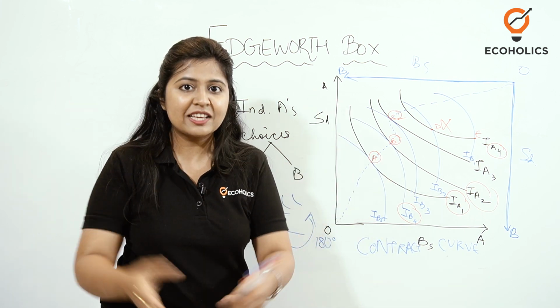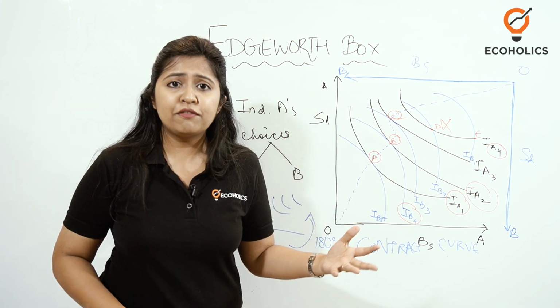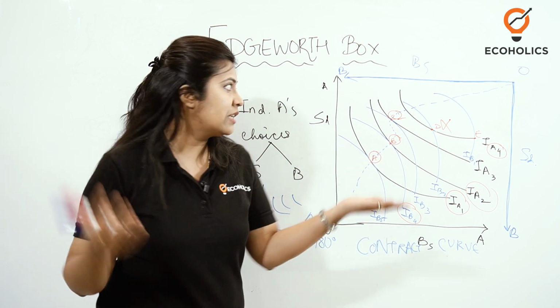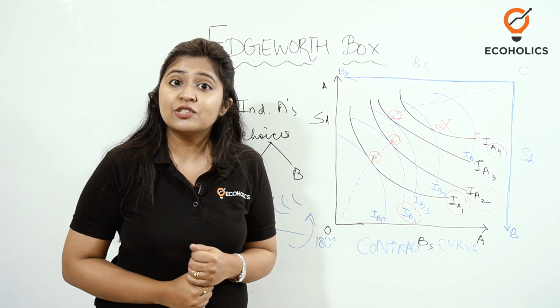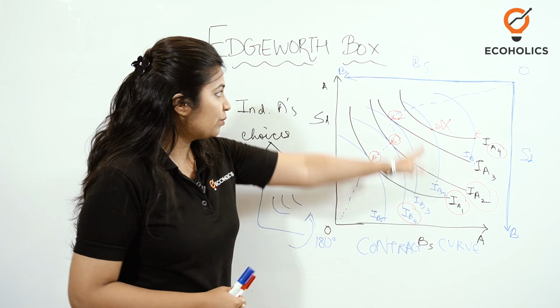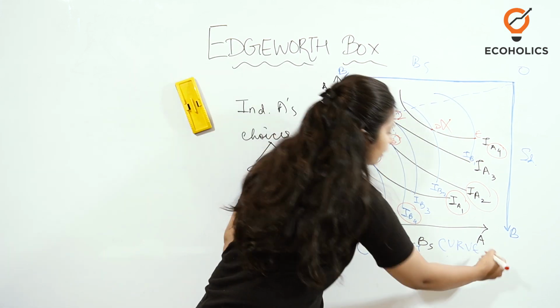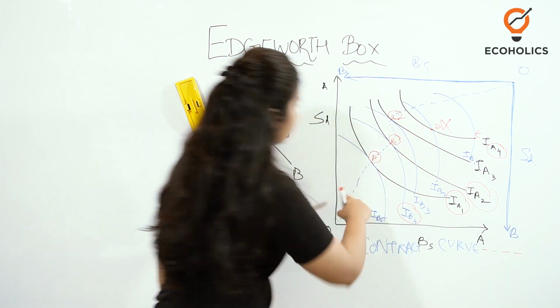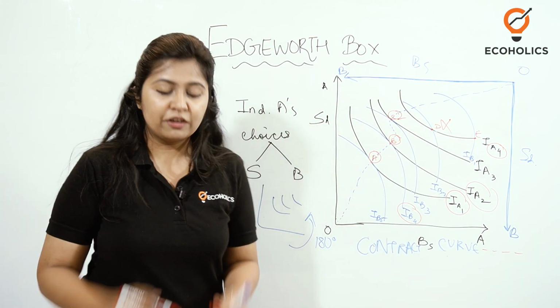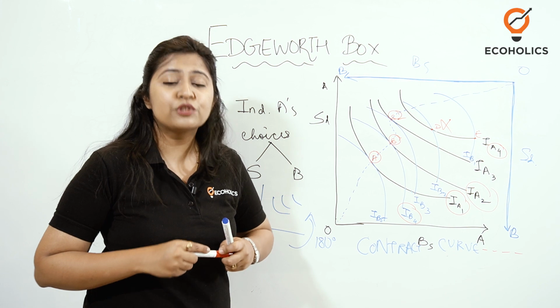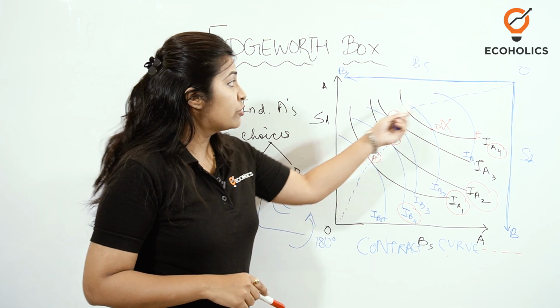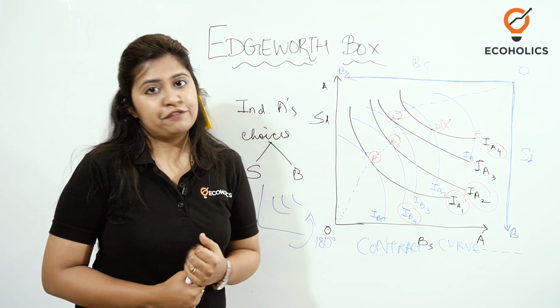So while practicing, you can make 10 indifference curves, and look at how many points of tangency you can find to replicate the contract curve. The contract curve over here is the dotted line that we have made. This is the contract curve, which is joining all the positions of tangency, which means all the positions of efficiency.